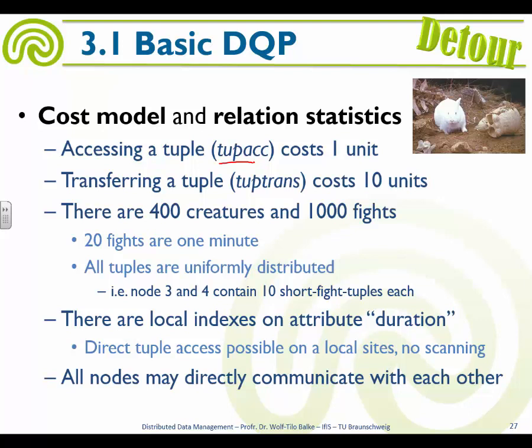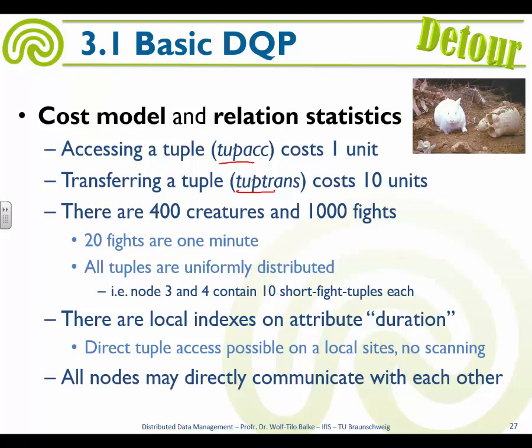Transferring a tuple will cost 10 units. What we want to emphasize is that accessing a tuple locally is cheaper than transferring or shipping the data. If it's locally accessed, it's just 1 unit. If it's a transfer, it's 10 units.